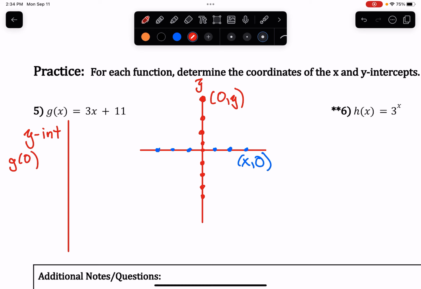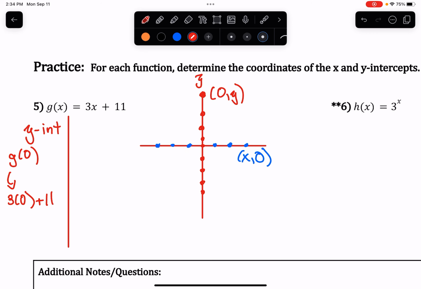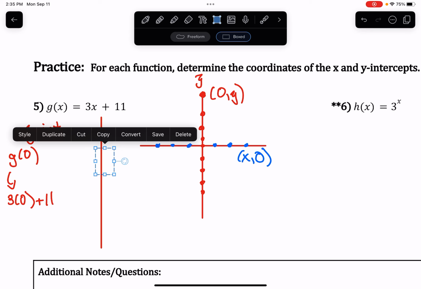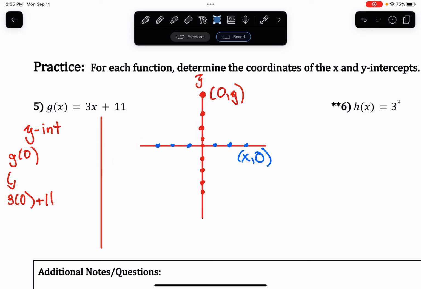I'm asking myself, what is y when x is 0? So we're going to evaluate this. 3 times 0 plus 11. Let me move this bar over here. I want to make this look a little bit clearer.